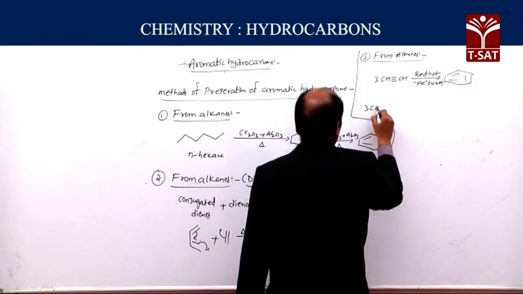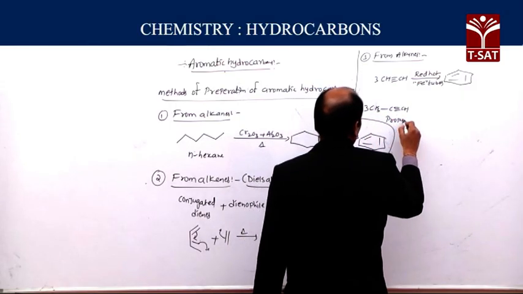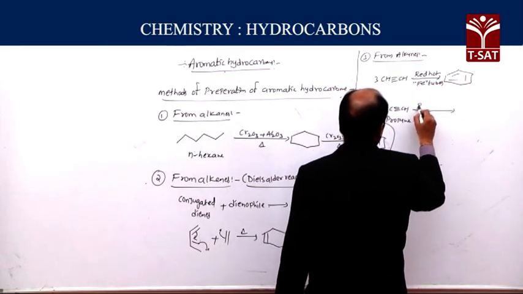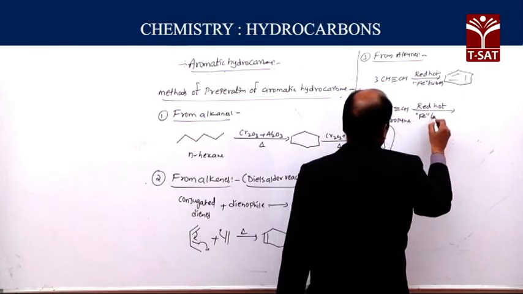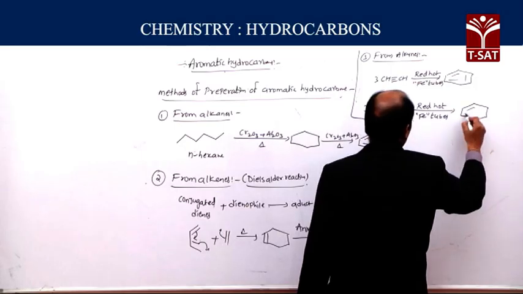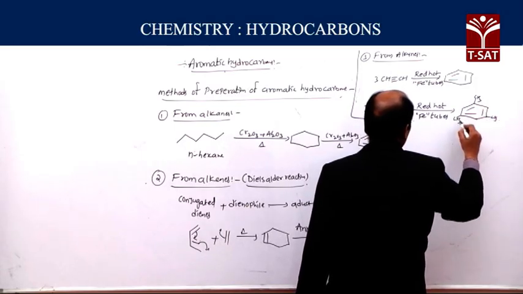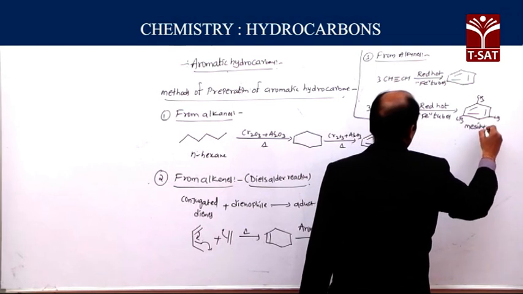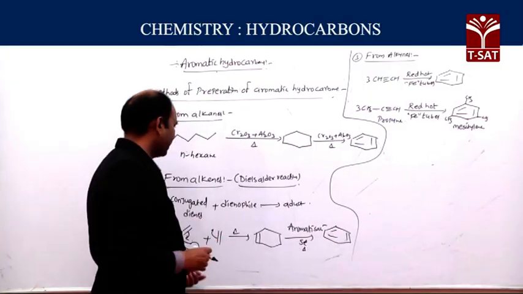Or similarly, CH3 C triple bond CH, this is called propyne. Propyne, when passed through red hot iron tubes, gives mesitylene. Mesitylene is formed, with CH3 here, CH3 here and CH3 here. This is mesitylene. So, the Diels-Alder reaction is the main reaction.